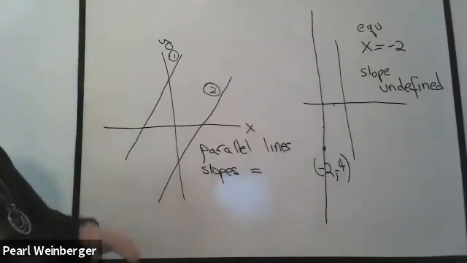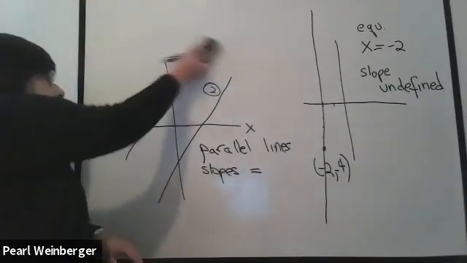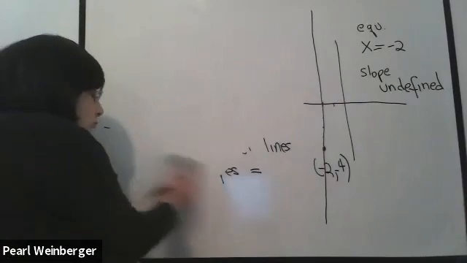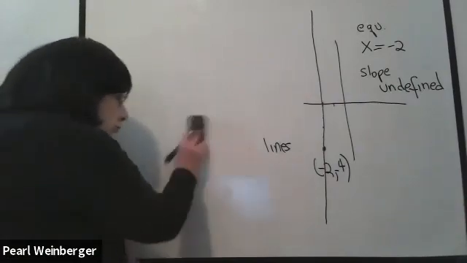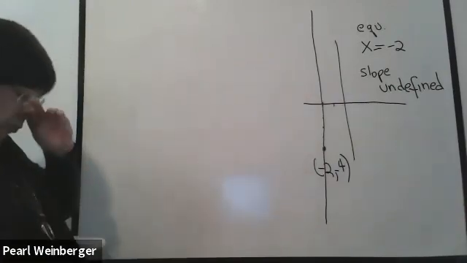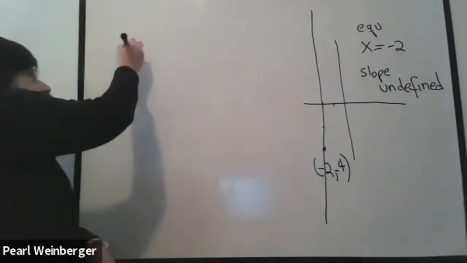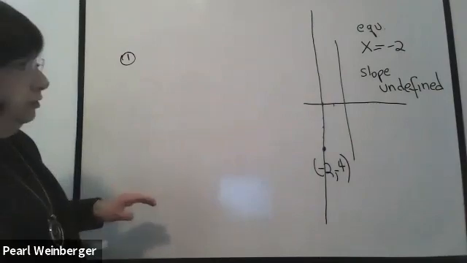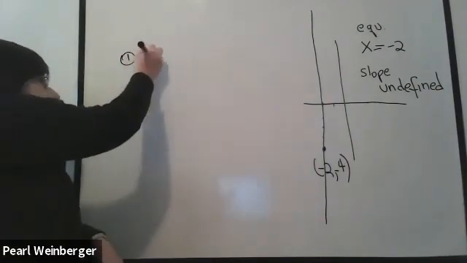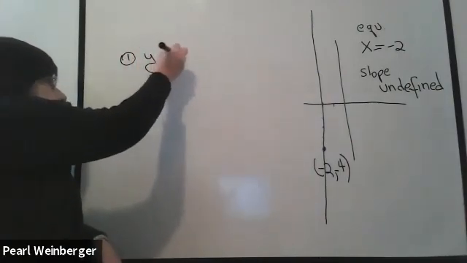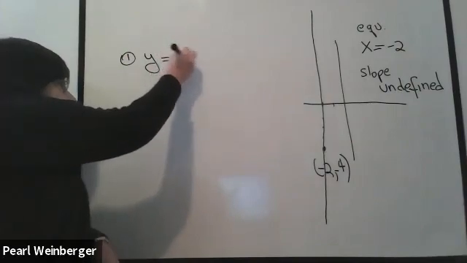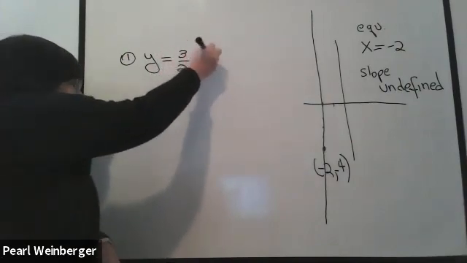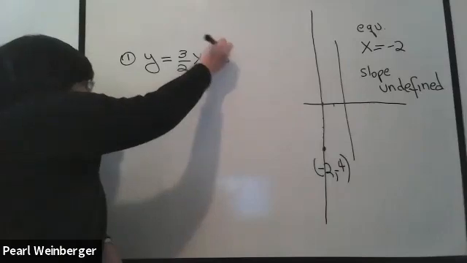Let me give you an example. Here's my equation for line 1. It has nothing to do with what I had just graphed before. Here's equation line 1. Y equals 3/2 x minus 5.